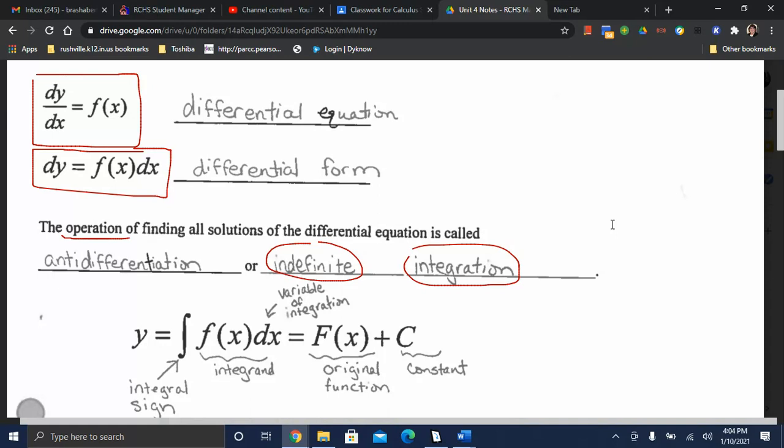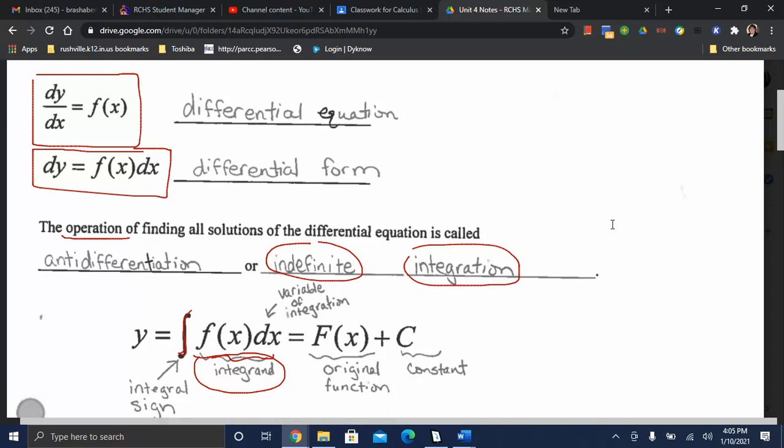So the new symbol that you will use is this symbol that kind of looks like an S, and it's called the integral sign. What you are integrating is known as the integrand. So all of this expression right here is known as the integrand.